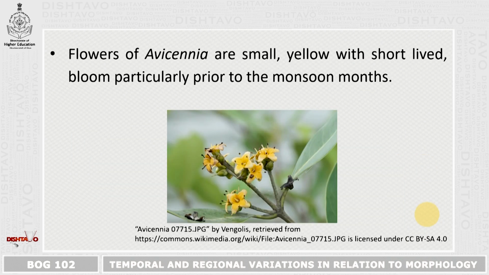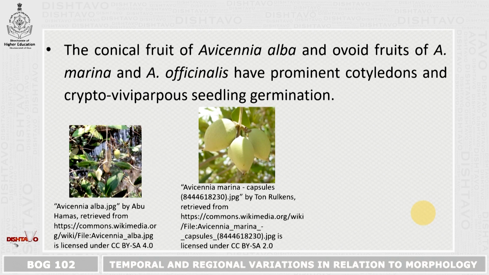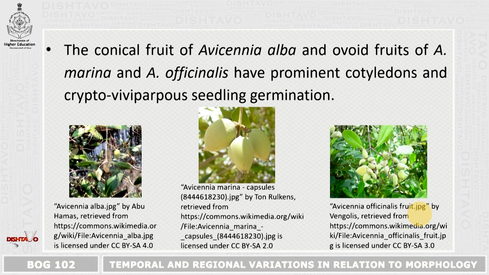Flowers of Avicennia are small, yellow with short-leaved bloom, and they bloom particularly prior to the monsoon months. Here we have a picture of conical fruits of Avicennia alba, and ovoid fruits of Avicennia marina and Avicennia officinalis, which have a prominent cotyledons and cryptoviviparous seedling germination.